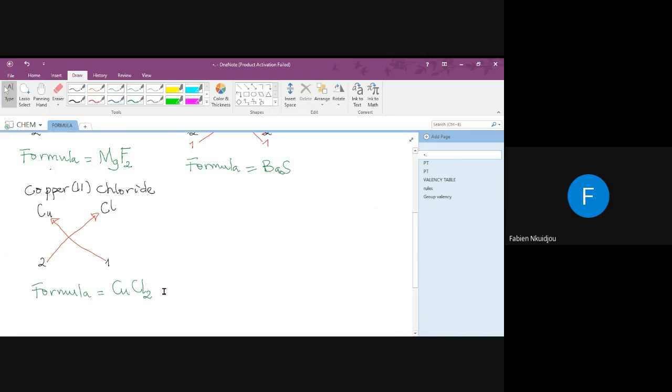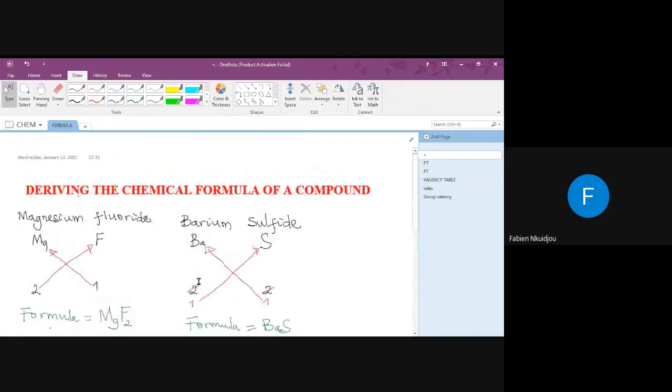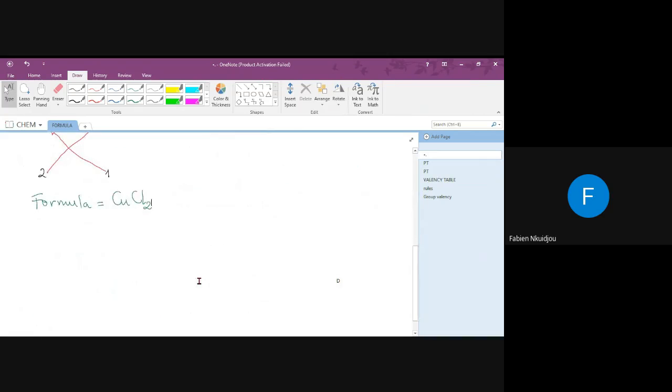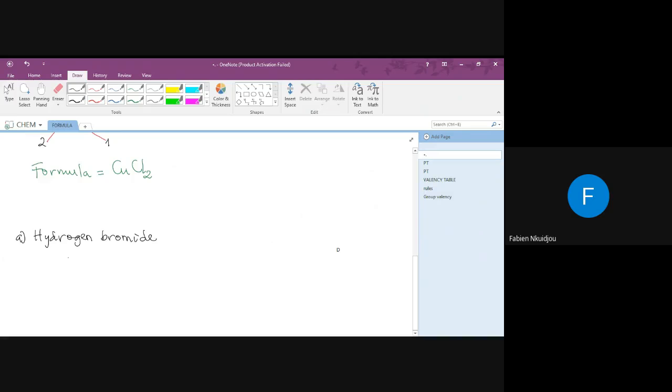Now that we've done some examples, I want you to try some other ones. I'm going to give you some cases for you to derive the formulas. The first one is hydrogen bromide. The second, aluminium oxide.